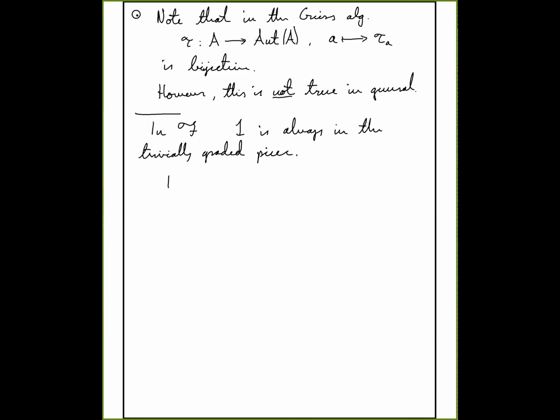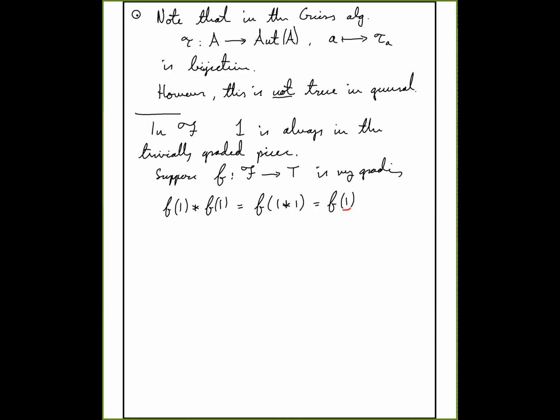Suppose f going from F to T is my grading. I need that f of 1 times f of 1 has got to be equal to f of 1 star 1 in the fusion law, but 1 star 1 is always 1.